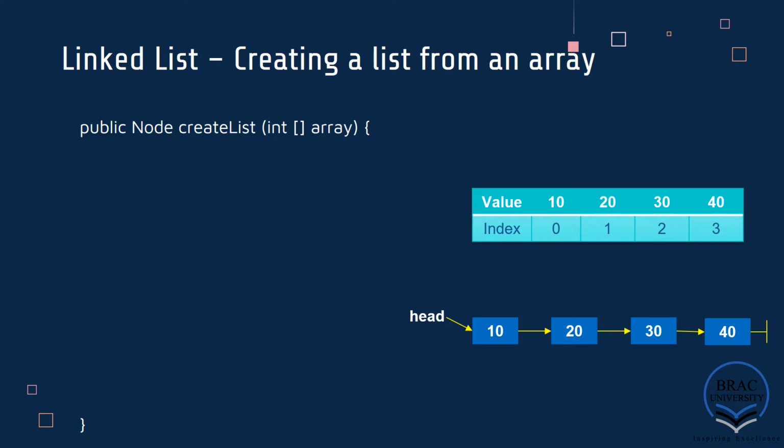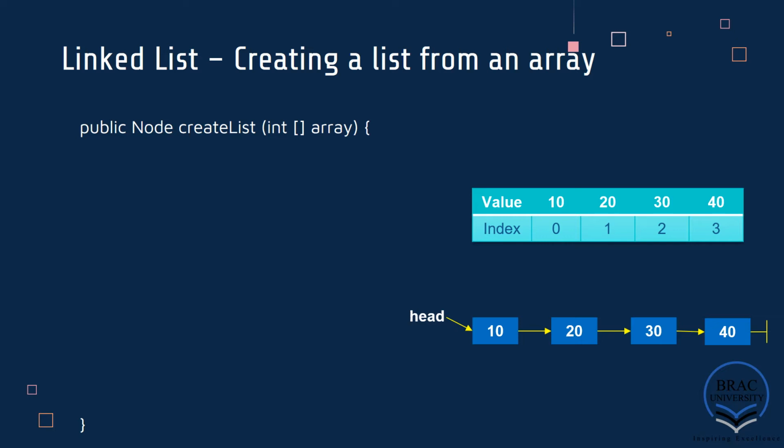So if we look at this createList method, we have the return type as a node. I'm going to return the head of the list, and as a parameter I take the array reference. So I have to go through the values in the array in order to create my objects.